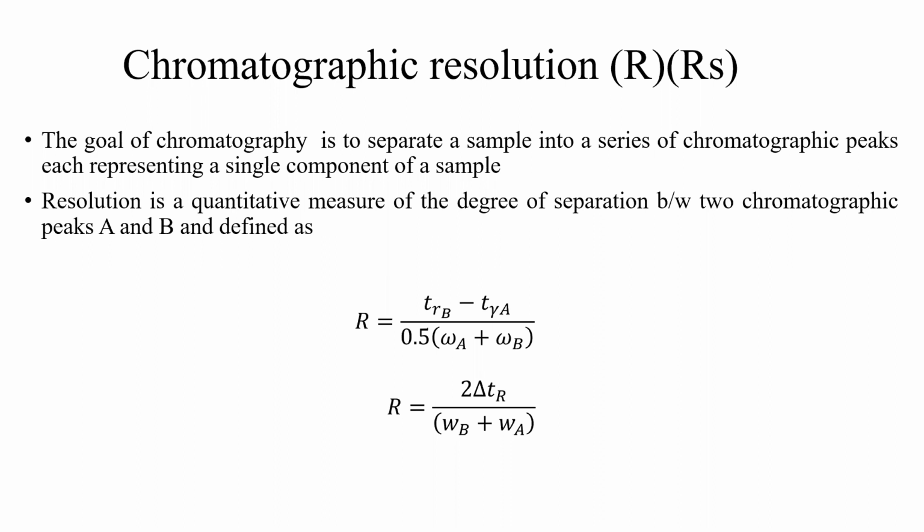Resolution is a quantitative measure of the degree of separation between two chromatographic peaks A and B, and it is defined as R equals TRB minus TRA divided by 0.5 times WA plus WB. Next, R equals 2 delta TR divided by WB plus WA.